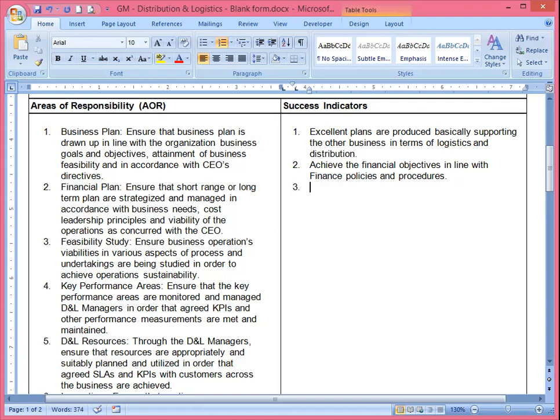For number 3, feasibility study. Okay. Improve. This is always the idea. Improve always. Improve operations, processes, maybe time, operations processes, time constraints, right?